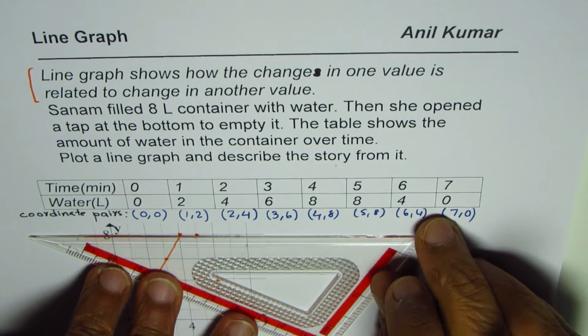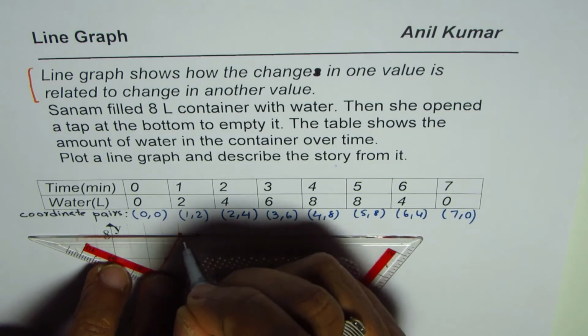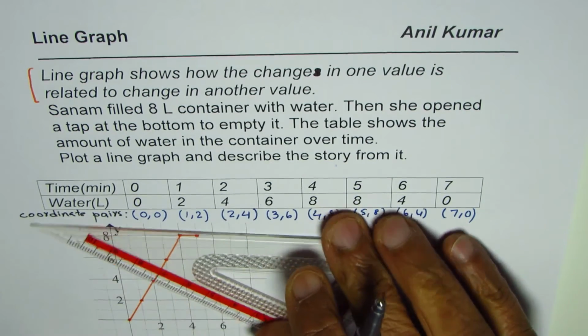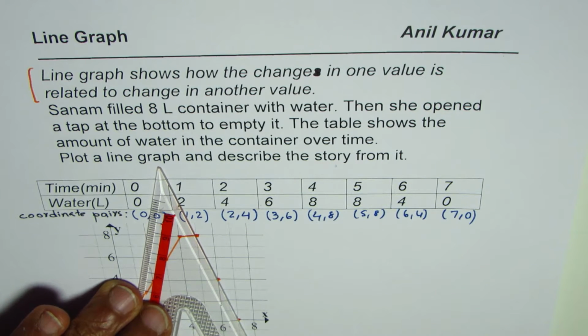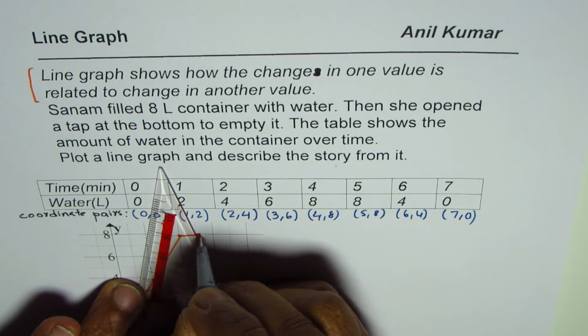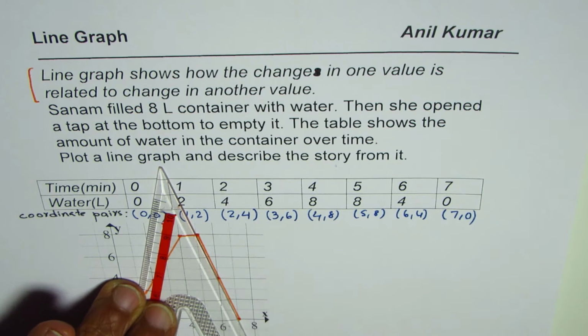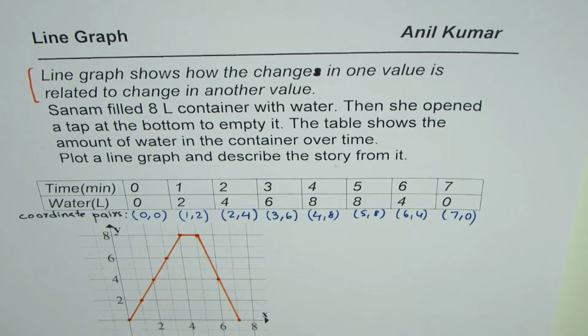There we go. It's a horizontal line, and then the last 3 points can be connected by a line going downwards. So what we have done here is made a line graph to represent the situation.